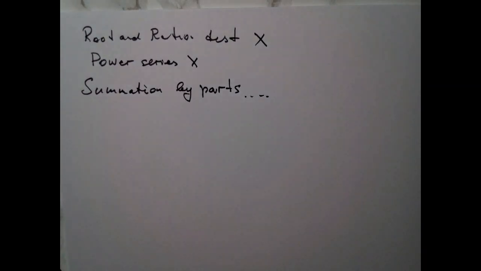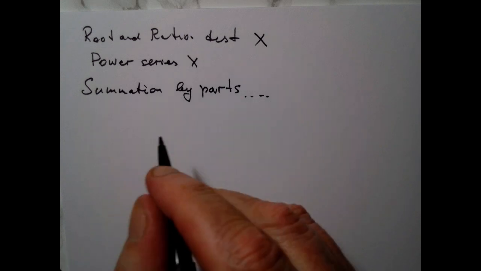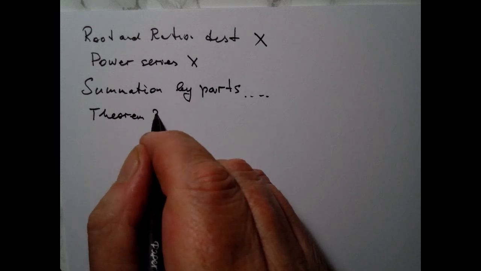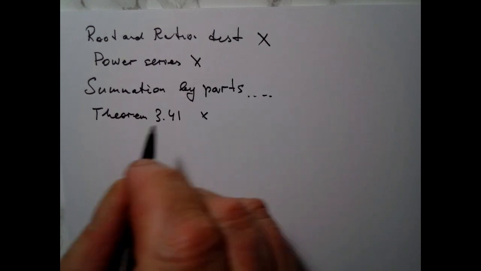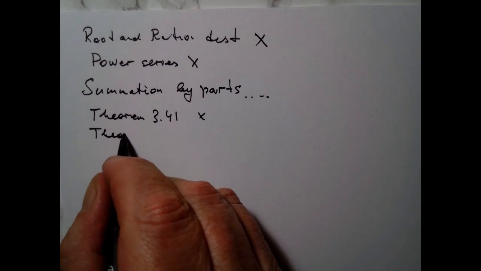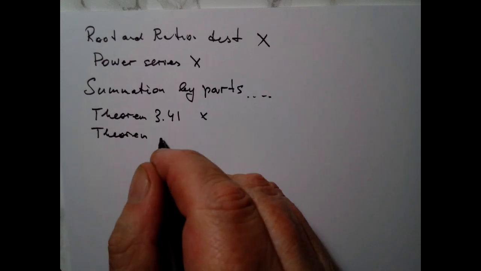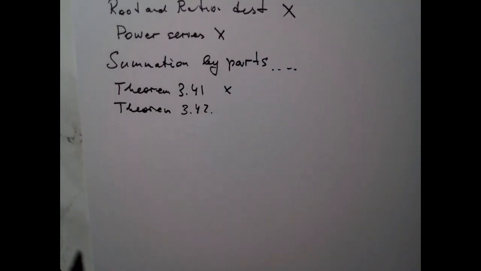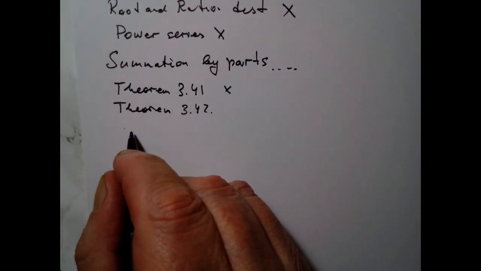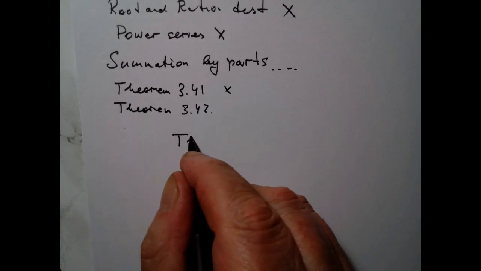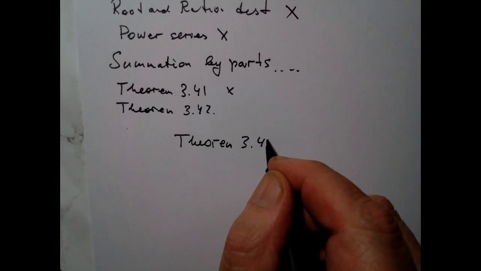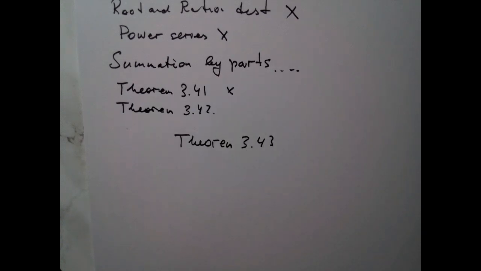The only thing, what that means is that I'm going to skip theorem 3.41, and theorem 3.42, but I will need a theorem 3.43, simply because it will appear so much in our considerations later on.